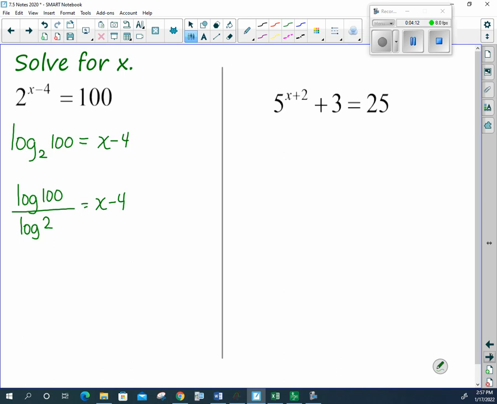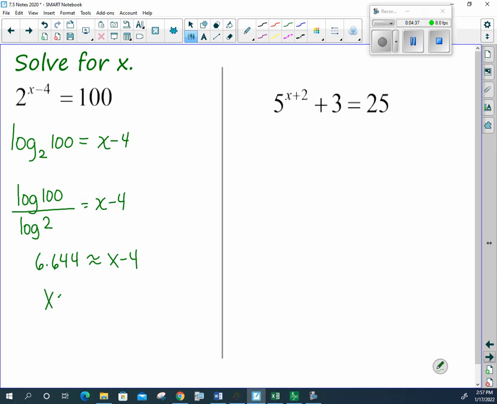So that's going to be, log 100, which is 2, divided by log 2 is about 6.644. And then I'm going to add 4 to that.